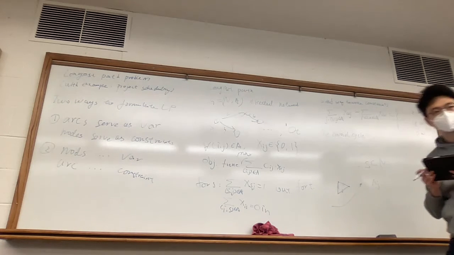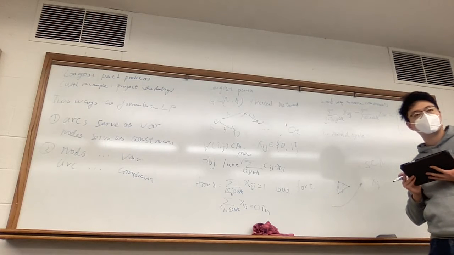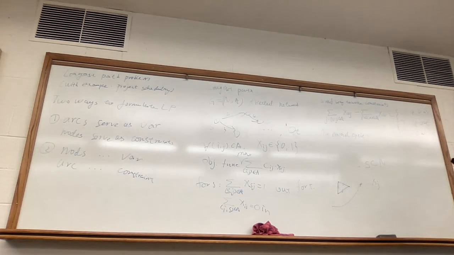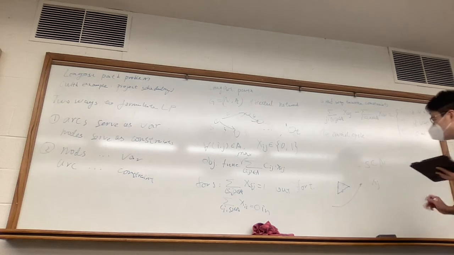You want the sum of the arcs from the nodes within that subset to be less than or equal to the cardinality of that subset minus 1. Oh yeah, you are correct.